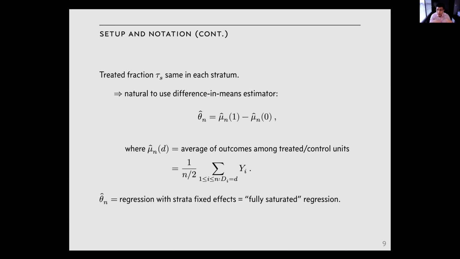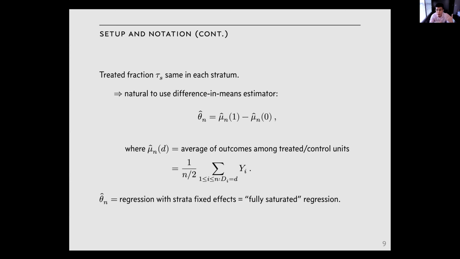Now, a lot of people use other kinds of estimators in analyzing this kind of experiment. For instance, sometimes people use regression with strata fixed effects, which means that you regress your outcome on the treatment status and also a bunch of indicators for strata. Or sometimes people run what's called a fully saturated regression.